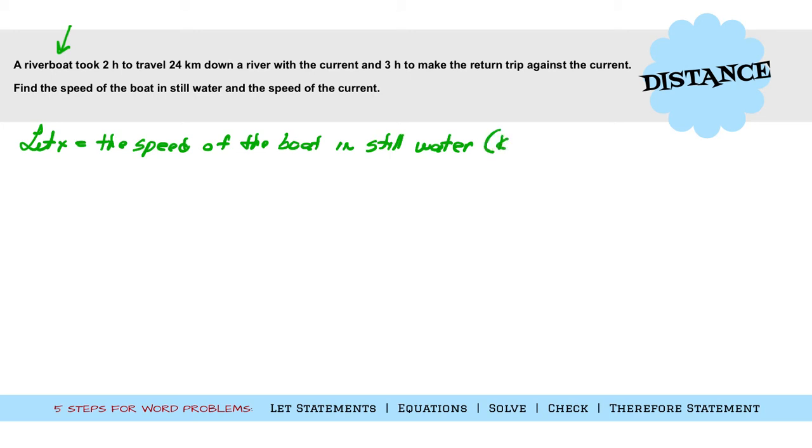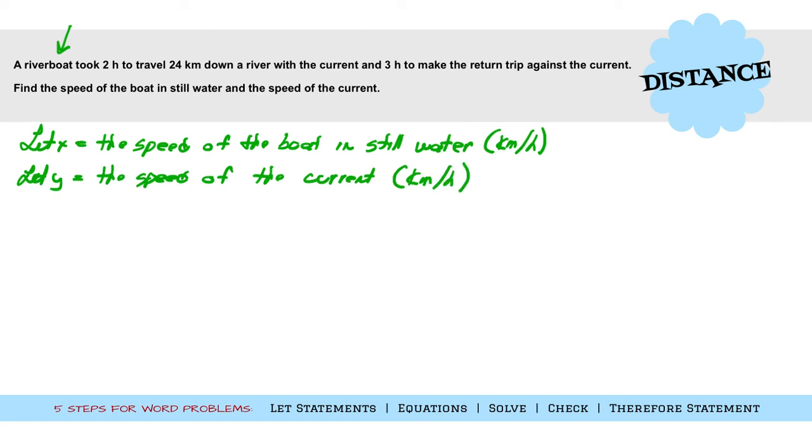And this is in kilometers per hour. And let y equal or represent the speed of the current. Hopefully you can read my printing, especially since I'm speaking the words as I go here.